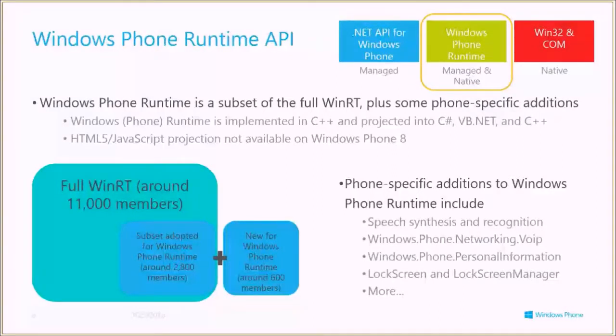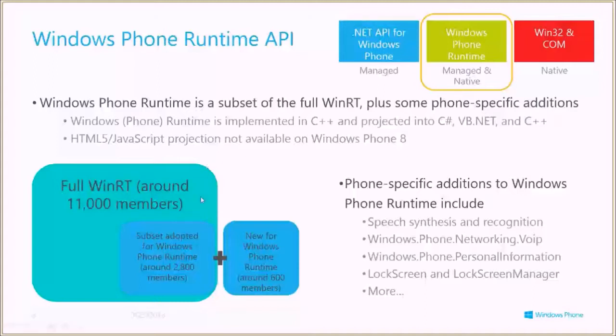The thing about the WinRT or Windows Runtime APIs is that we've got around 11,000 members for Windows Store apps, and then we've got a subset of these members on Windows Phone, around 2,800. That means that for any of this subset, you can just copy paste that code between Windows Phone and Windows 8. Literally, copy paste that code.